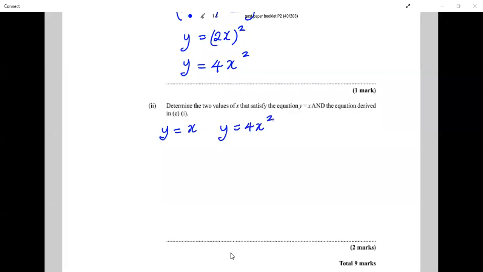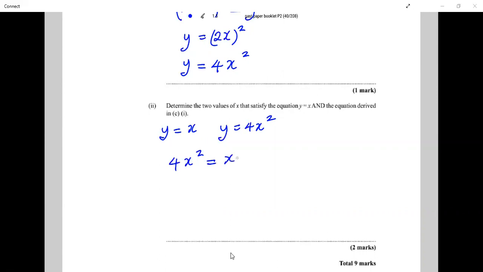We have to determine the two values of x. Now, it's not as difficult as it seems. Here we're told that y is equal to x and y is equal to 4x squared. So let's assume that y is the same thing. It means therefore that 4x squared would be equal to x.